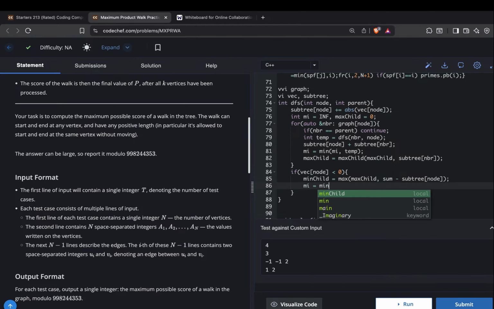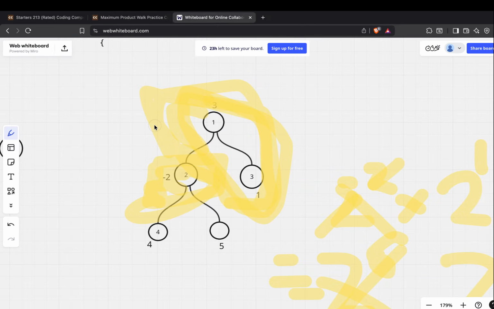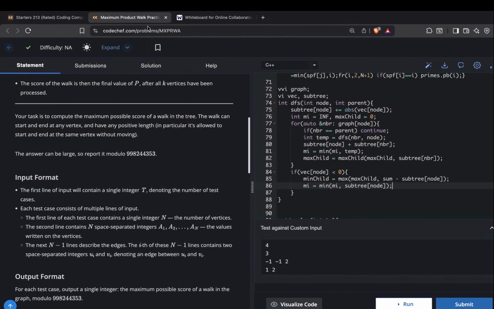Now what is mi? Mi is minimum of mi comma subtree of node, that is remove this whole part. Now what about keeping one of the children itself?